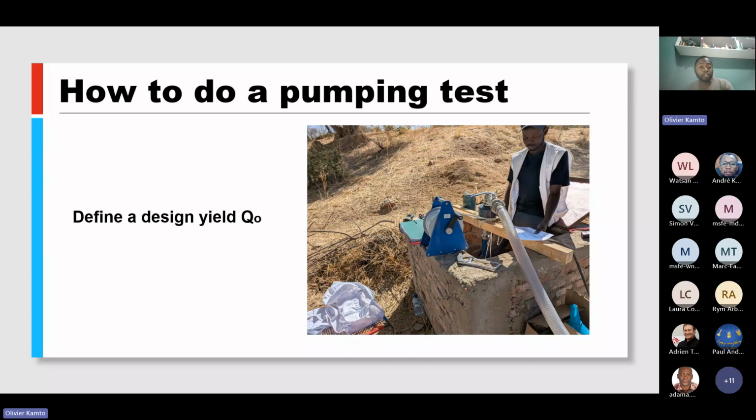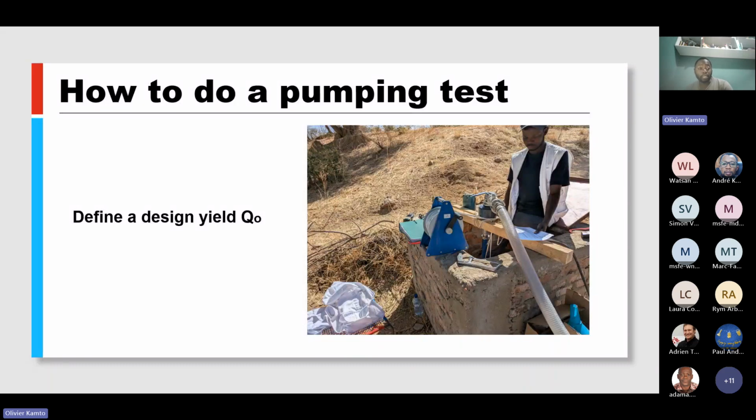We can assess the population, see what the total water needs of this population are, and from there we can get an idea of how much water they need, and we can then deduce how much water we may want to pump out of the borehole to be able to cover the needs of the population. So this is one method which we can consider using to determine the design yield.